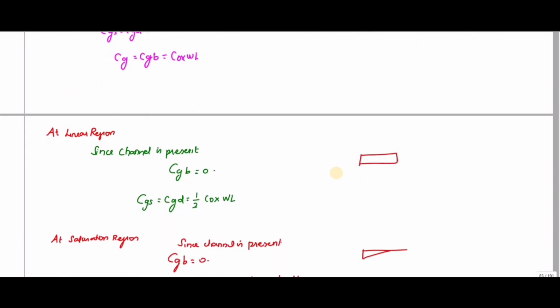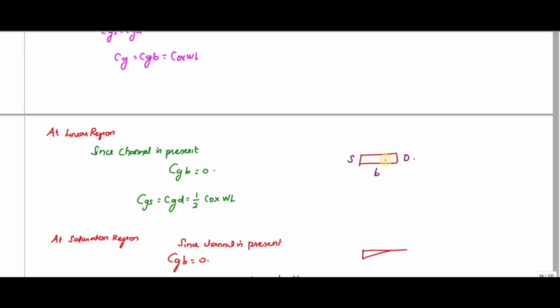So next, the linear region. At the linear region, there is a channel present between the source and drain. Therefore, there won't be a capacitance between gate and bulk. Okay, so bulk is here. So there won't be any capacitance between gate and bulk. So it is 0.